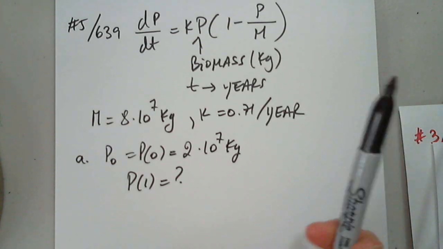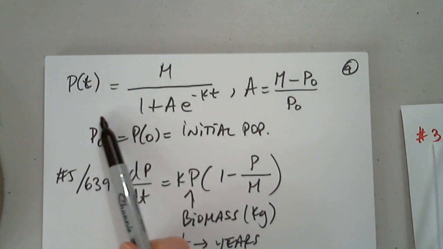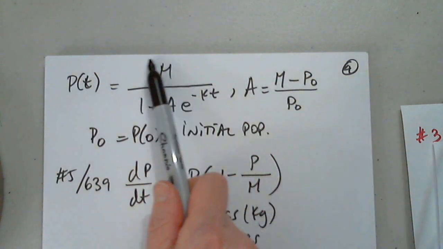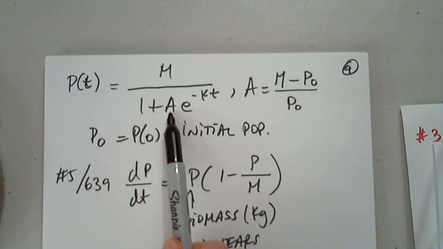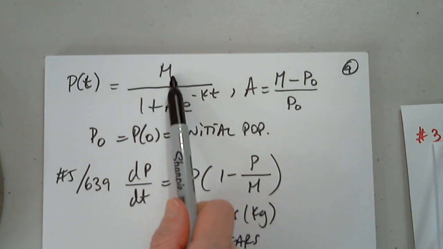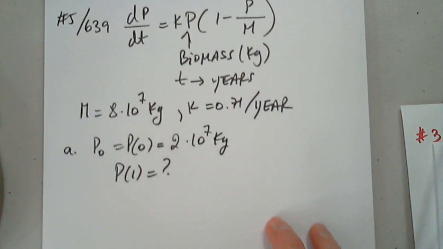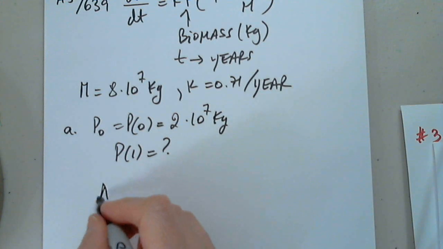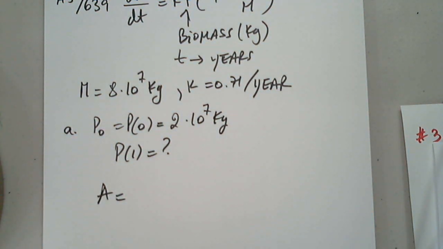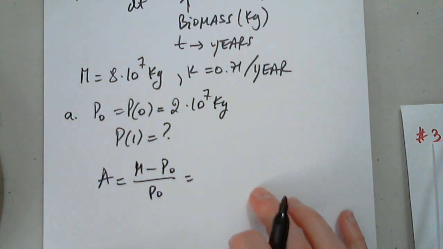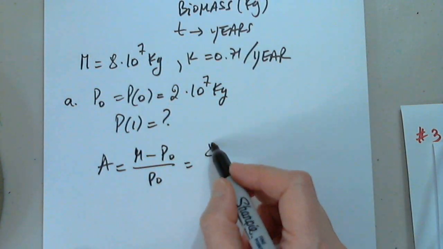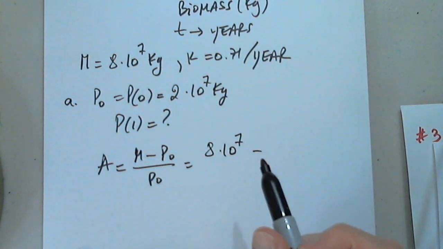Good. So we have the solution to such a logistic growth model. We have to determine A, this constant here. We have K, we have M, so we can create the model immediately. So first of all, A is M minus P0 over P0. And M is 8 times 10 to the 7th.